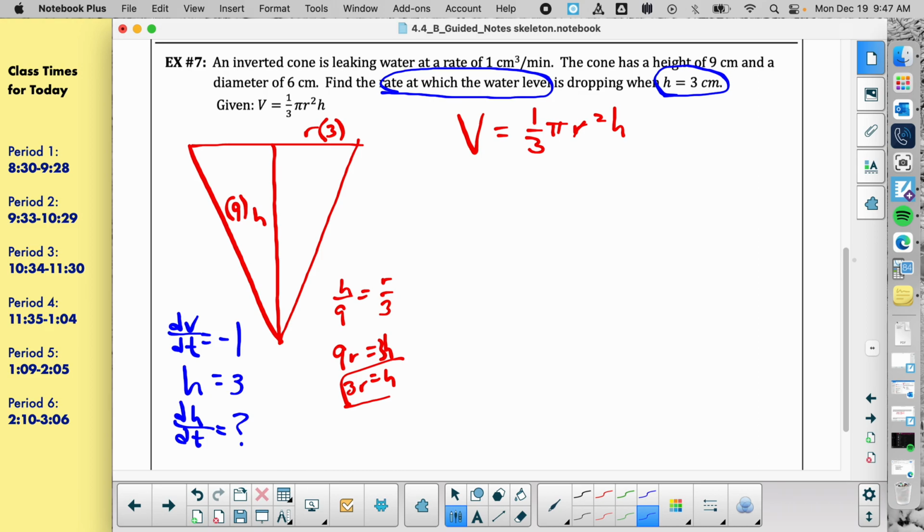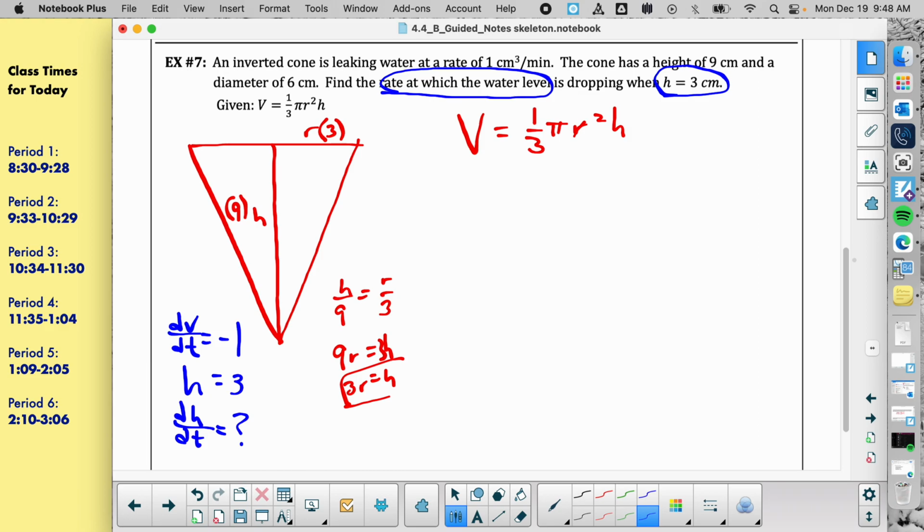We were able to plug the 25 in for the ladder because that ladder never changed size. It wasn't variable. The height of the water does change throughout the problem. The height of the water isn't 3 for the entirety of the whole thing. So you can only plug in the 3 after the derivative, because the derivative is kind of looking at a certain moment of time. So I can only plug in like constant numbers? Yes. Yep.